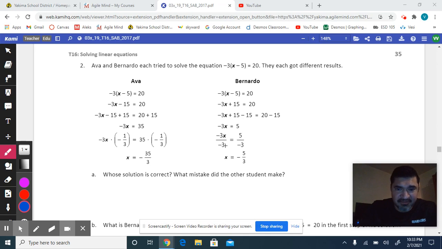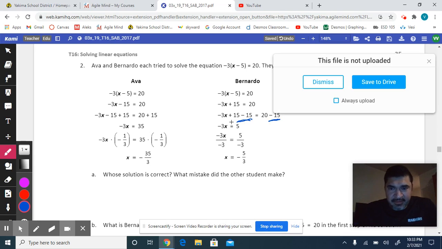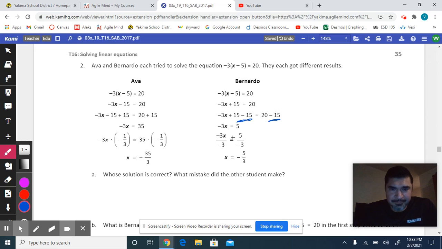So notice I subtracted 15 and I subtracted 15. Got to keep that equation balanced. On this side, we have negative 3x, positive 15, and negative 15 is 0. So there's nothing else here. On the other side of the equation, we have 20 minus 15, which is 5.